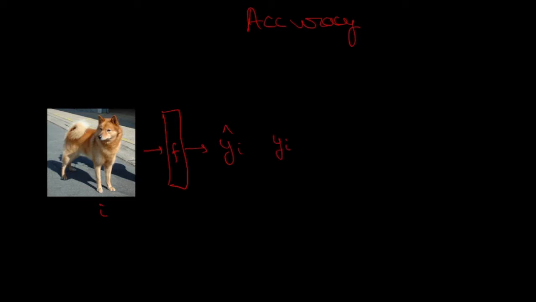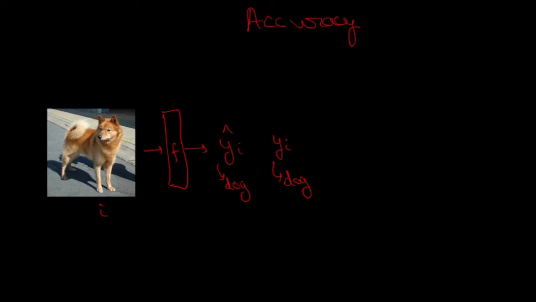So in this example, y i would be dog, and y i hat can also be dog. So in this case, the model is good. But we can't use just one image to measure the accuracy, right? Because the model may be good on this particular image, but it may not be good on some other image. So what people generally do is consider a set of images.